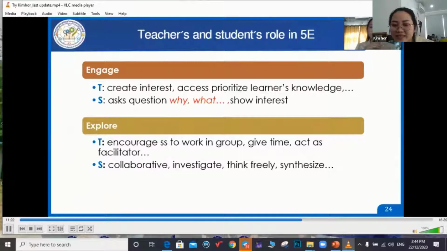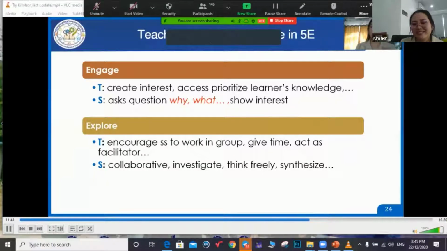And the students ask the question why or what in the first phase of engage. For explore, teachers engage students to work in groups, give them time, and act as the facilitator to help when they need further information or have questions. And students work in groups to investigate, research, or find out the solution for the concept that the teacher gave.